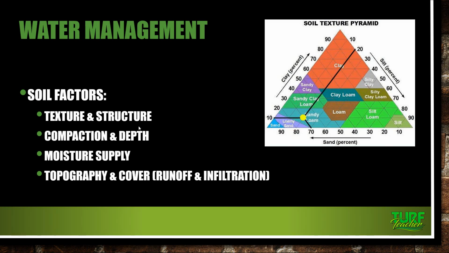So these shallow soils, we need to water them more frequently with a lesser amount, just like with the topography ones, the landscapes that are on the hills. So some good information there, and we want to cut down on this runoff, and we want to allow for the infiltration of the water that we are supplying.